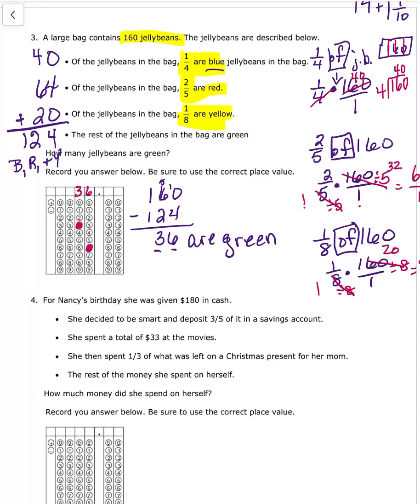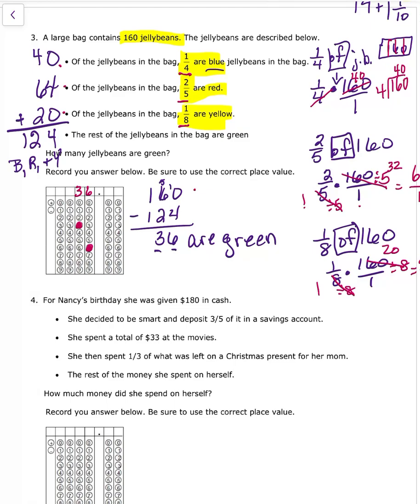All right, so recap what we've done. We did a lot, right? We multiplied each one of the fractions by the total. And then we figured out how much of each color there were. Then we got the total of the blue, red, and yellow. And then last we subtracted the blue, red, and yellow from the total to get how many were green.